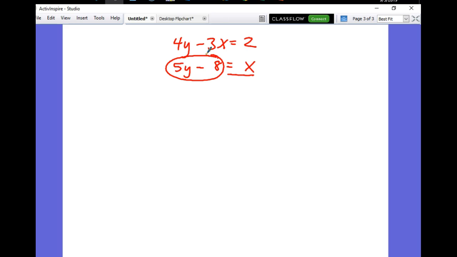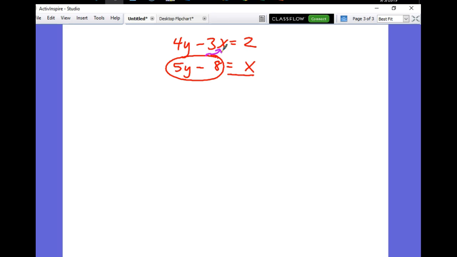This is the hard one, so see if you guys can do it. Hannah, I want to plug this in somewhere, so I'm going to draw an arrow. Where am I going to draw this arrow to, from the bubble to what? Well, next to the 3, right? We're going to put it there, where the x is.